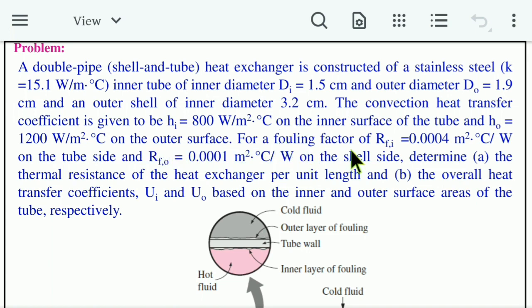For fouling factors of RFI equal to 0.0004 meter square degree Celsius per watt on the tube side and RFO equal to 0.0001 meter square degree Celsius per watt on the shell side, you have to determine number A, the thermal resistance of the heat exchanger per unit length, and number B, the overall heat transfer coefficients UI and UO based on the inner and outer surface areas of the tube respectively.